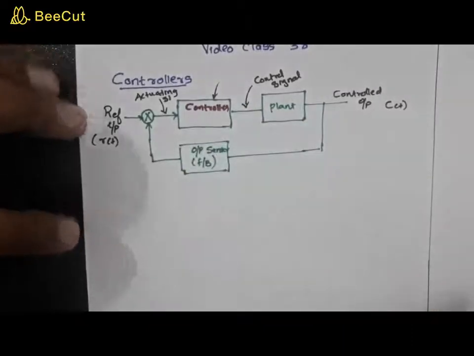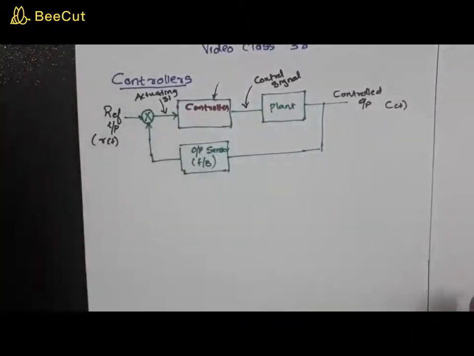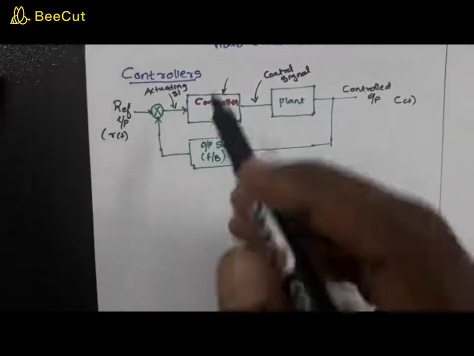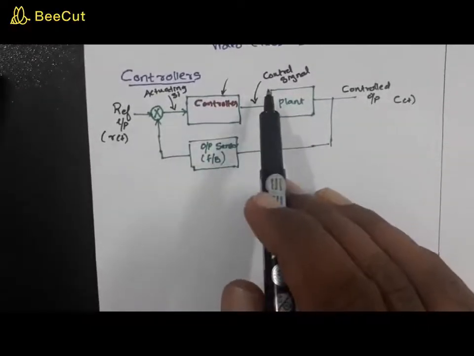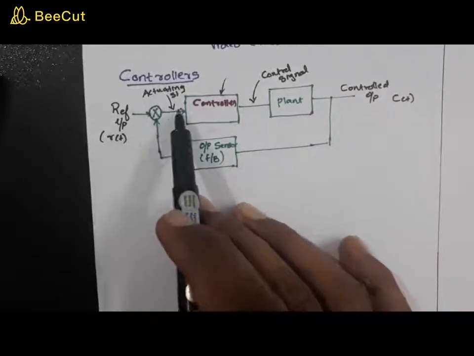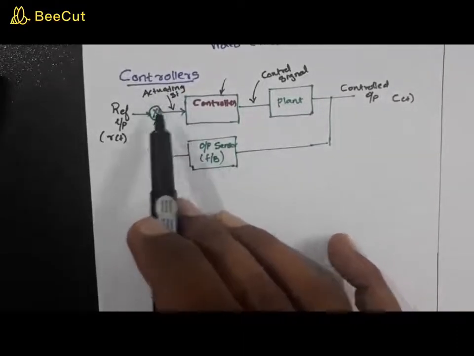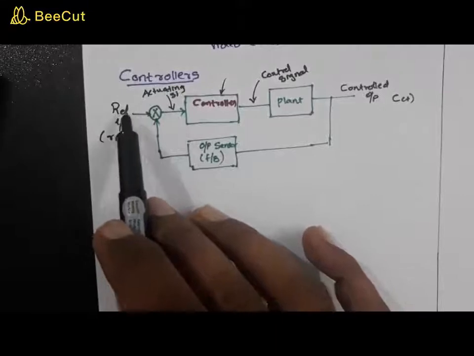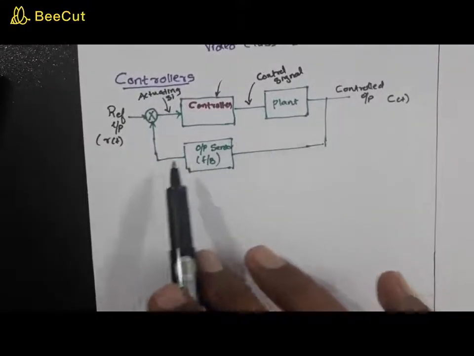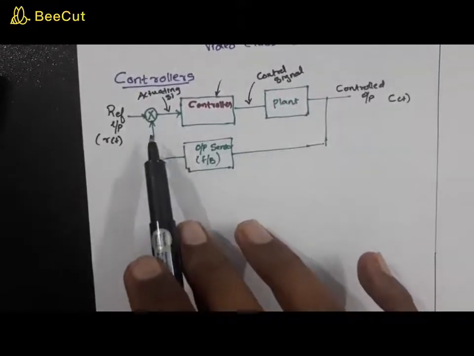Controller, as the name suggests, controls or offers the control signal, and it offers the control signal according to the actuating signal that it receives after the comparison of the reference input and the controlled output, or the feedback signal.